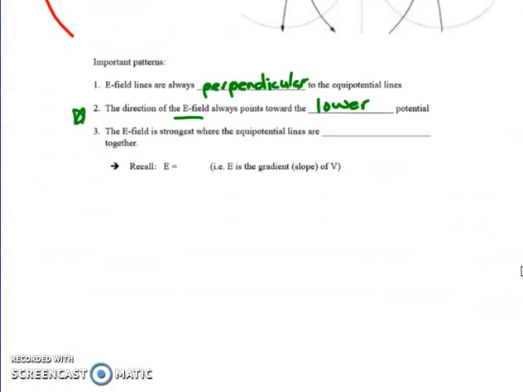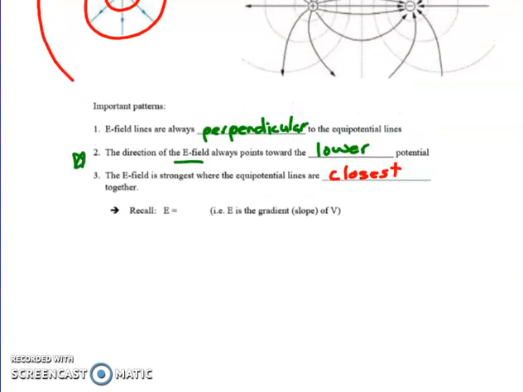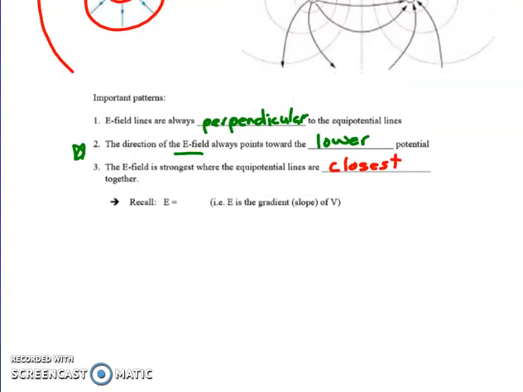Lastly, the E field is strongest where the equipotential lines are closest together. This is very much like contour lines on a map. The contours show you equal elevation, and where they're closest together, it's steepest. If you go back to a previous tutorial where we related voltage to E, you remember that E is equal to V over D in that simple situation of a uniform field.